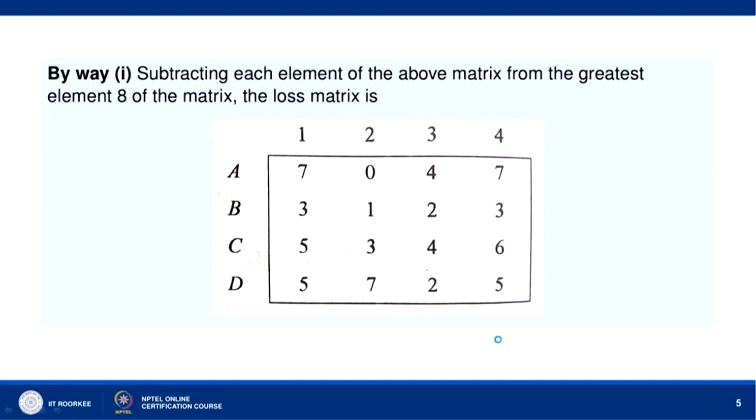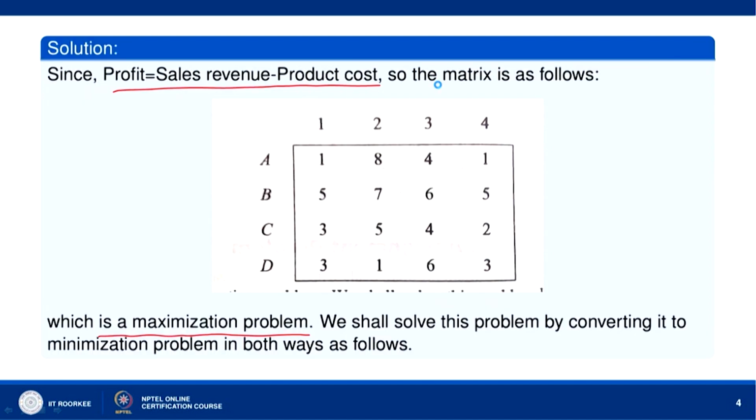In the first way, what we do is subtract each element of the profit matrix from the greatest element of the profit matrix. The profit matrix is 4 by 4, that is 16 elements. Of those 16 elements, the element 8 is the greatest element.